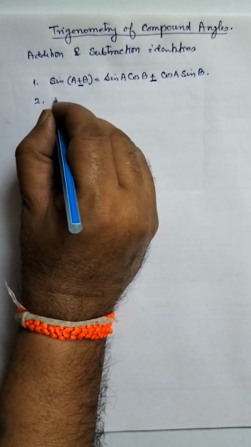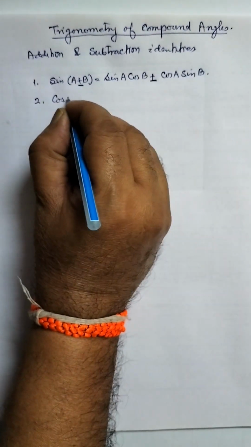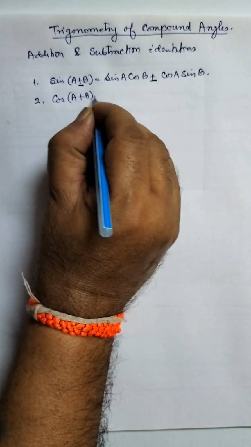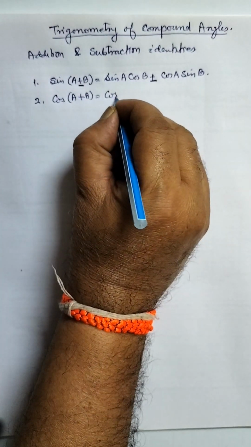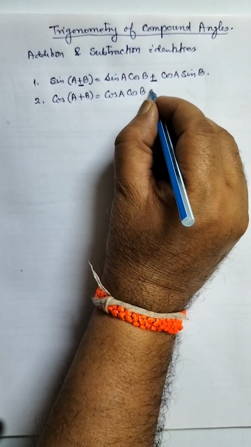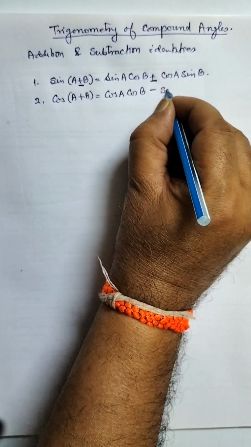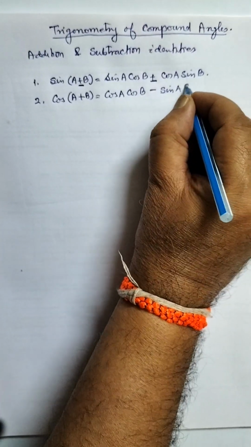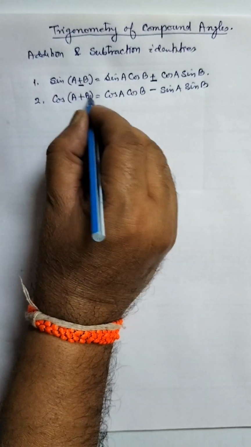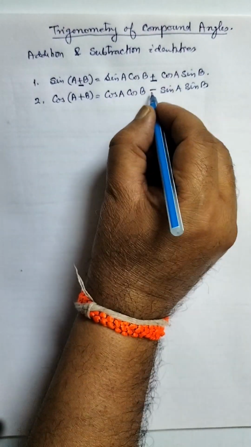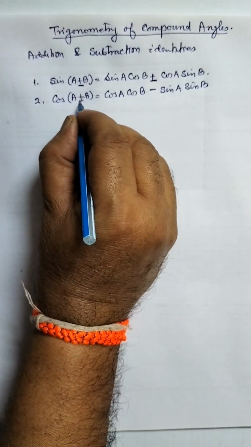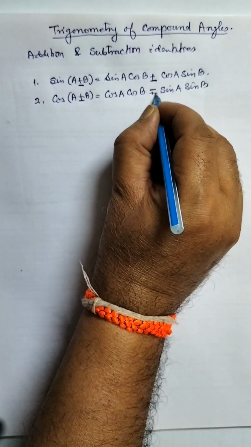Again, the next one, let us take cos of A plus B is cos A cos B minus sin A sin B. Here in place of cos A plus B, it is cos A cos B minus sin A sin B. And if it is cos of A minus B, it becomes plus.